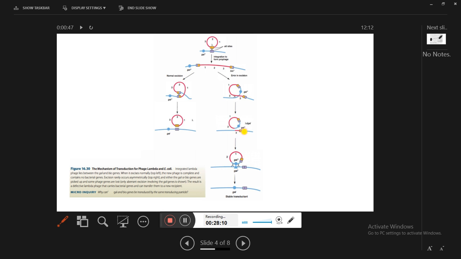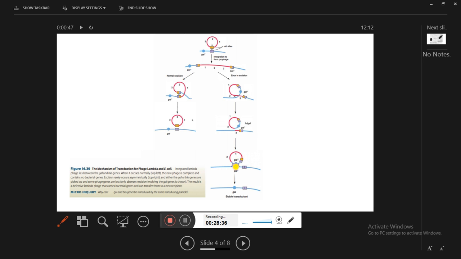Okay, and this region, it is dgal, the lambda-dgal. It is known as dgal because this galactose region is not of phage origin, but of bacterial origin, taken up from this region of the bacterial chromosome. The gene for galactose is excised from the bacterial chromosome.